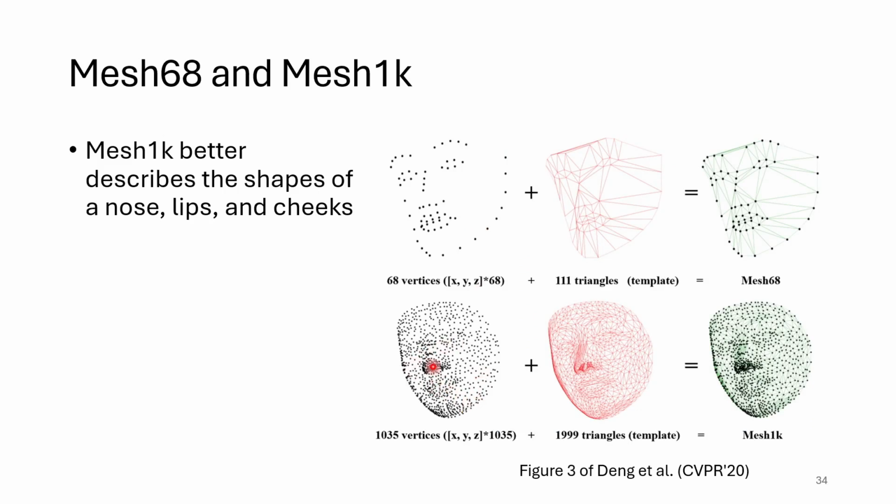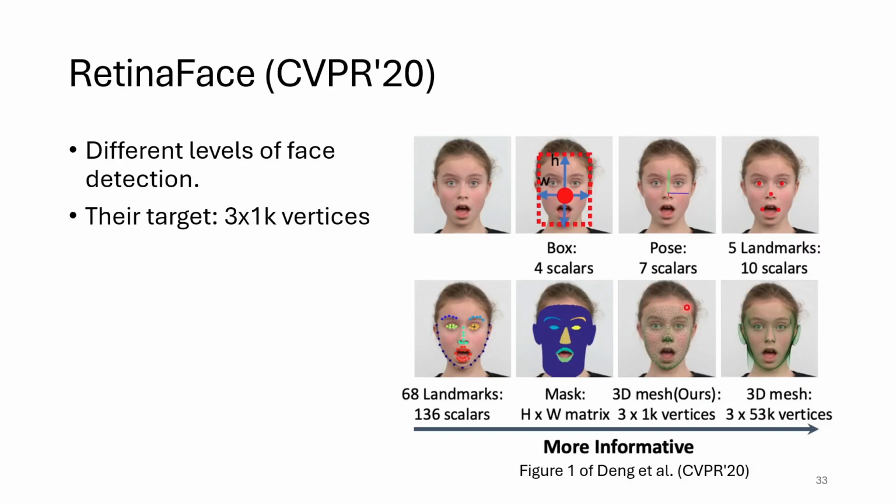There will be more than 1,000 vertices on the face, and from the more than 1,000 vertices, you can create around 2,000 meshes or triangles. So this is the mesh 1K. They want to estimate the mesh 1K, because if you get the mesh 1K correctly, of course you get the box correctly, and the landmarks, whether 5 or 68, can all be generated.